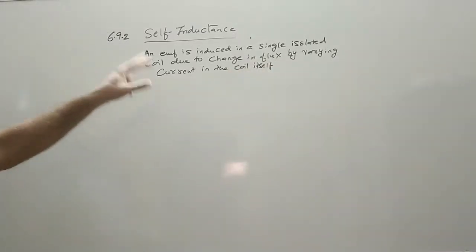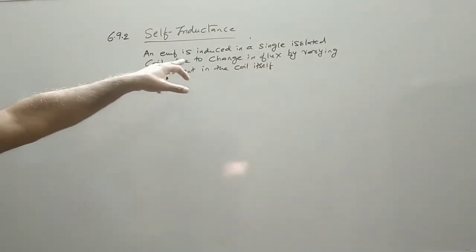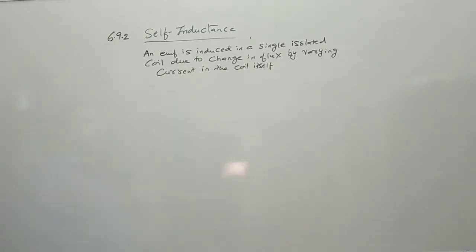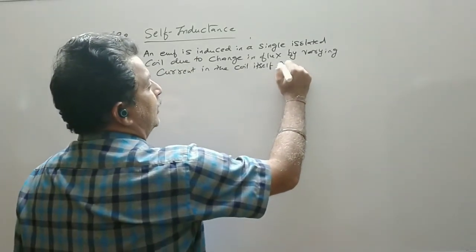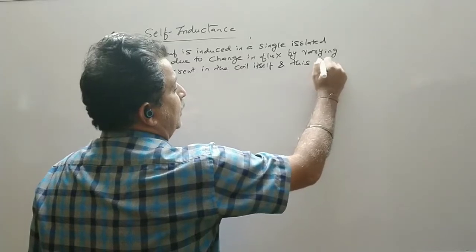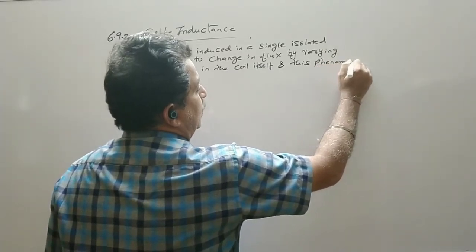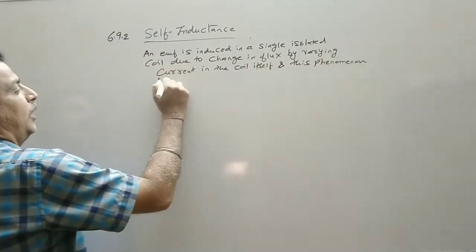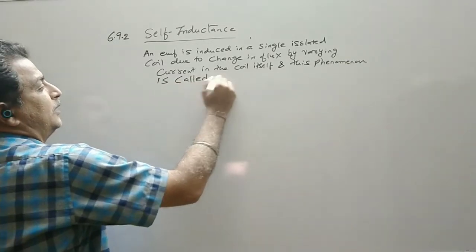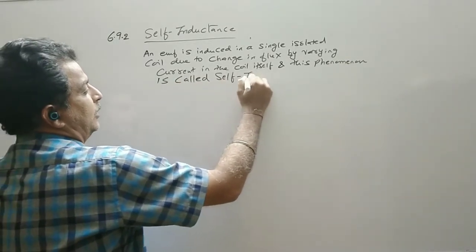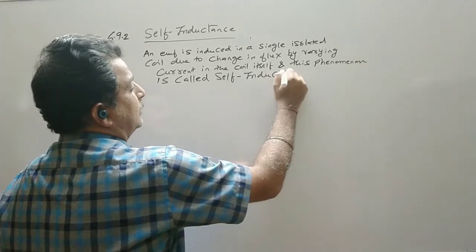So EMF is induced in a single isolated coil due to change in flux by varying current in the coil itself, and this phenomenon is called self-induction. So this phenomenon is called self-induction.